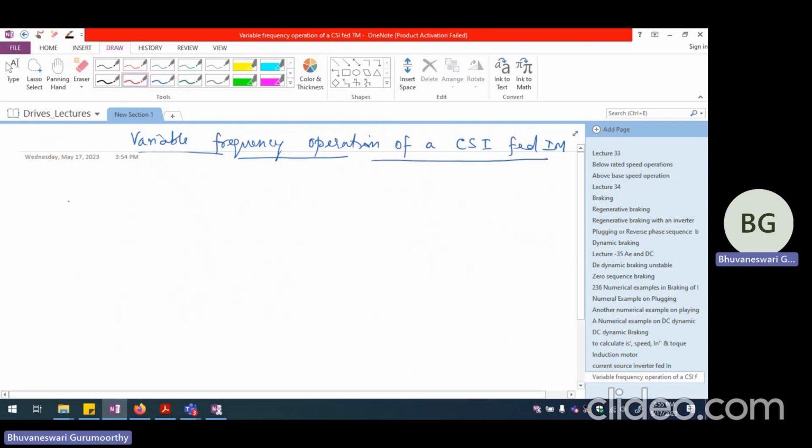So what we are looking at is the IS, what we are feeding here is going to be variable frequency. So how we are generating that variable frequency current, that is a matter of detail, which we will address within a short while.